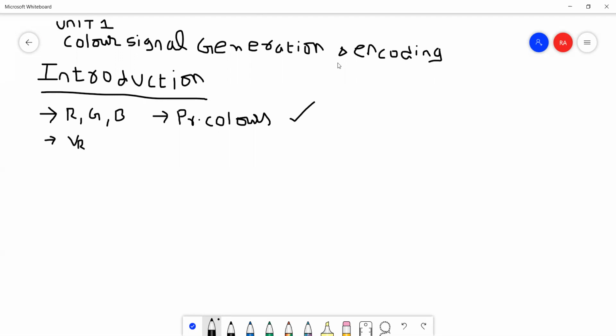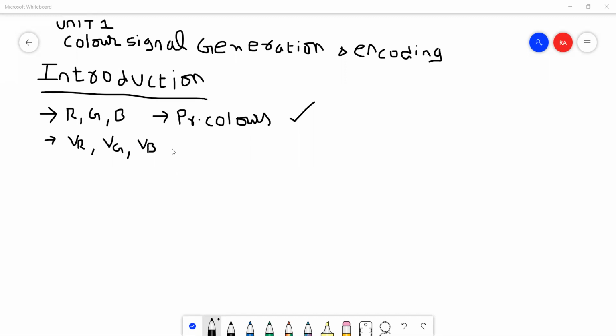The camera output voltage from the red pin is VR, from the green pin is VG, and from the blue pin is VB. So VR, VG, VB are the equivalent voltages representing red, green, blue.